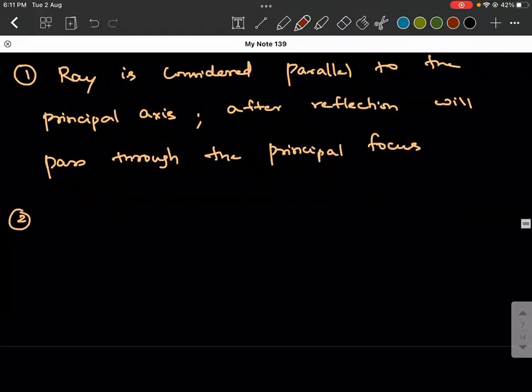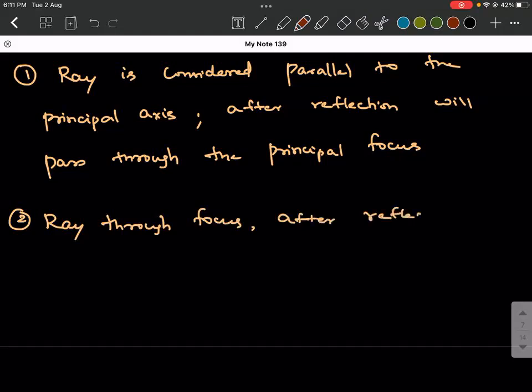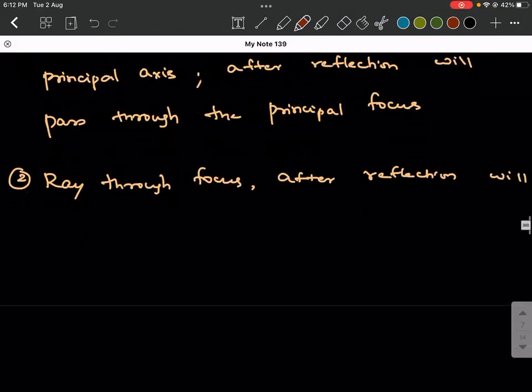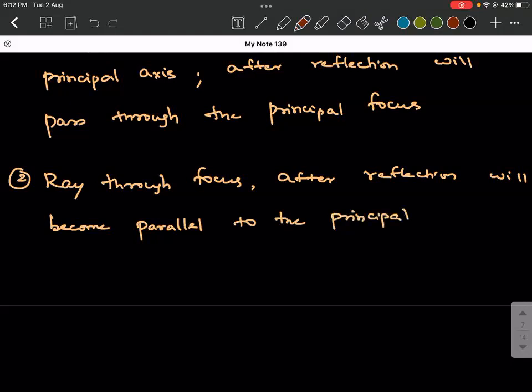Second is, if you consider a ray through the focus, after reflection it will become parallel to the principal axis.